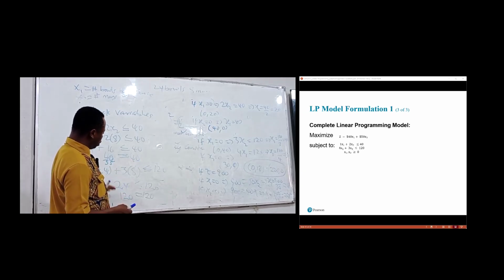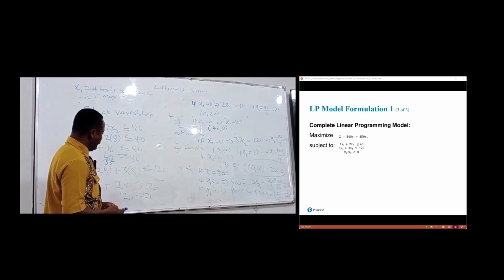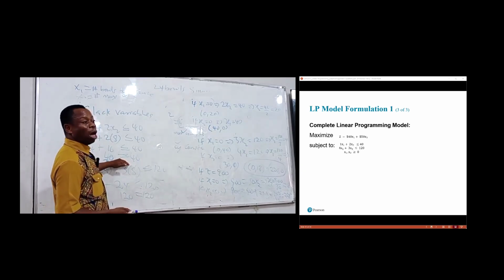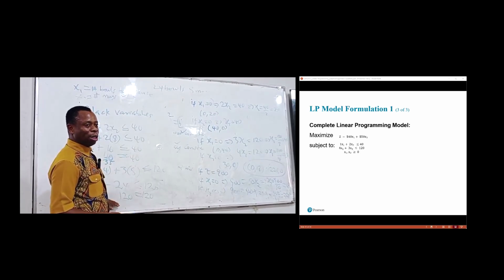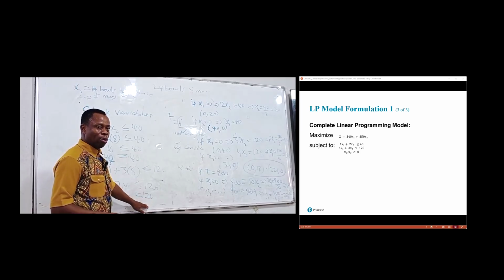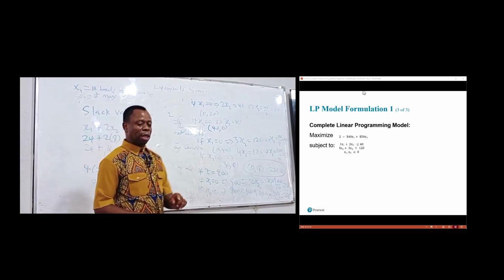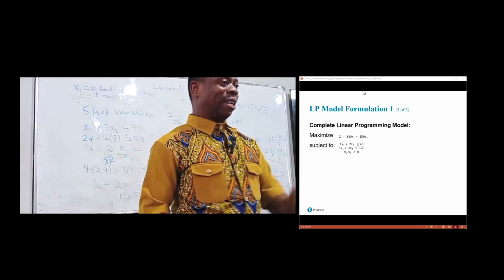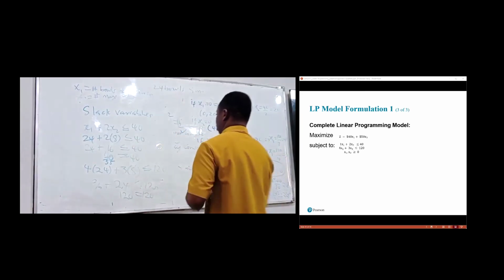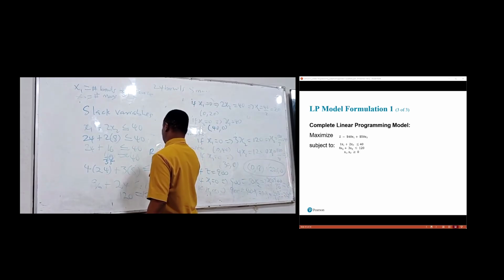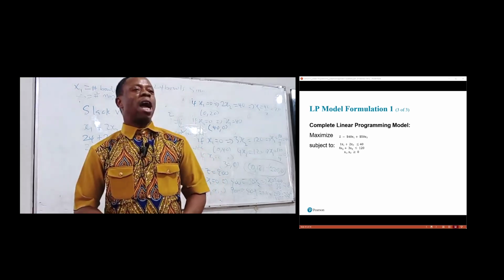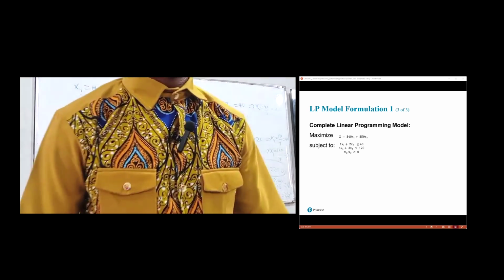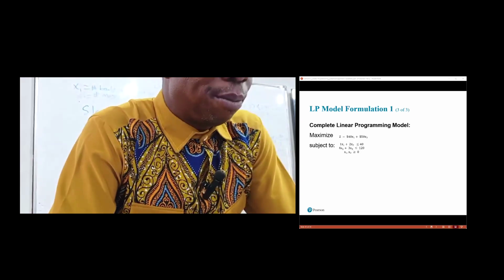Now, these constraints are all satisfied with equality. See that 40 is equal to 40, 120 is equal to what? 120. We say that the two constraints are binding. A constraint is either binding or what? Is non-binding.